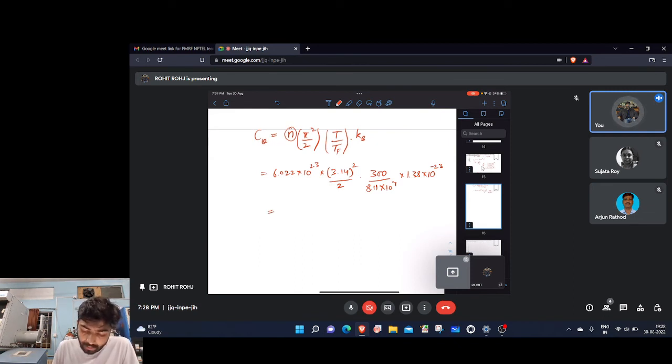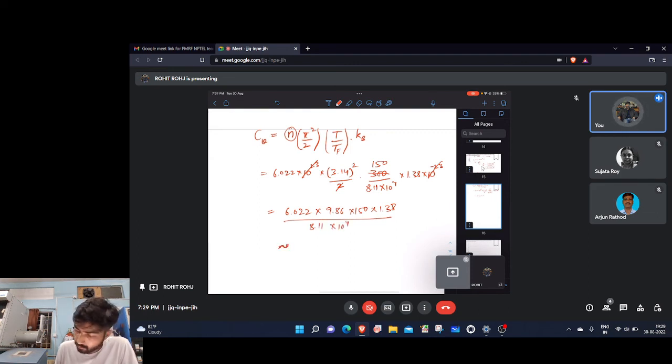If one does the calculation, 23 cancels with 23, and 10 power 4 in the denominator makes this 150. So approximately 6.022 multiplied by 9.86 multiplied by 150 multiplied by 1.38 divided by 8.11 times 10 power 4.